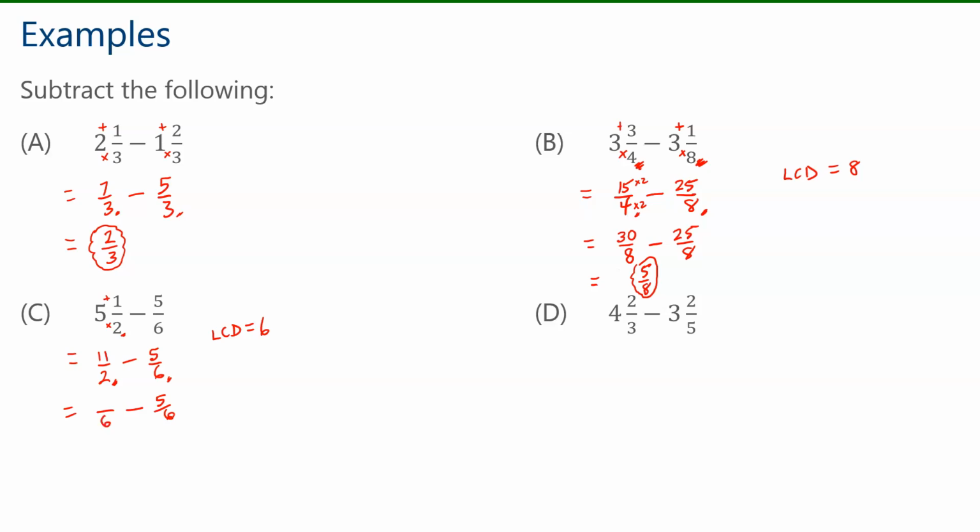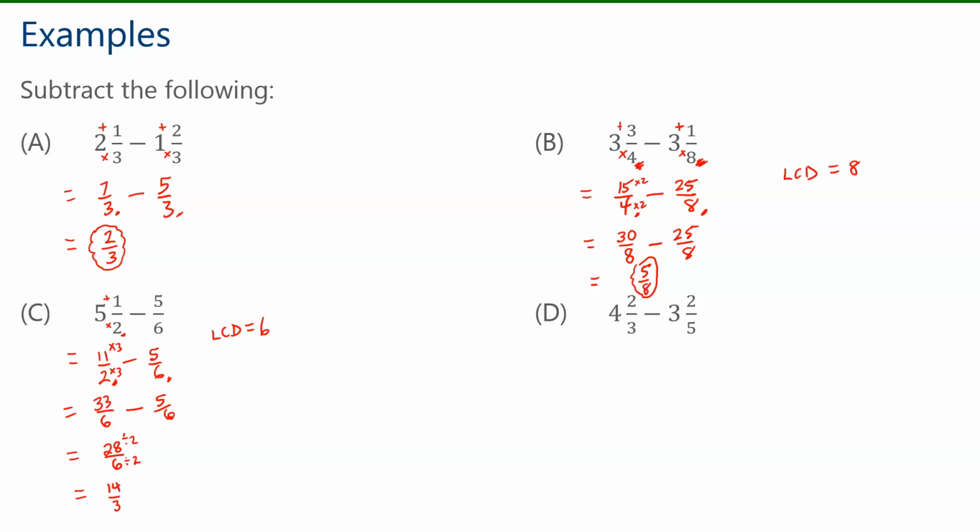Now, 11 over 2. Well, 2 times 3 gives me a 6. 11 times 3 gives me 33. And then 33 subtract 5 is a 28 over my common denominator 6. Now this particular improper fraction, we can actually reduce. The GCF for 28 and 6 is a 2. So we're going to make the numbers that we're dealing with in this improper fraction a little bit smaller.